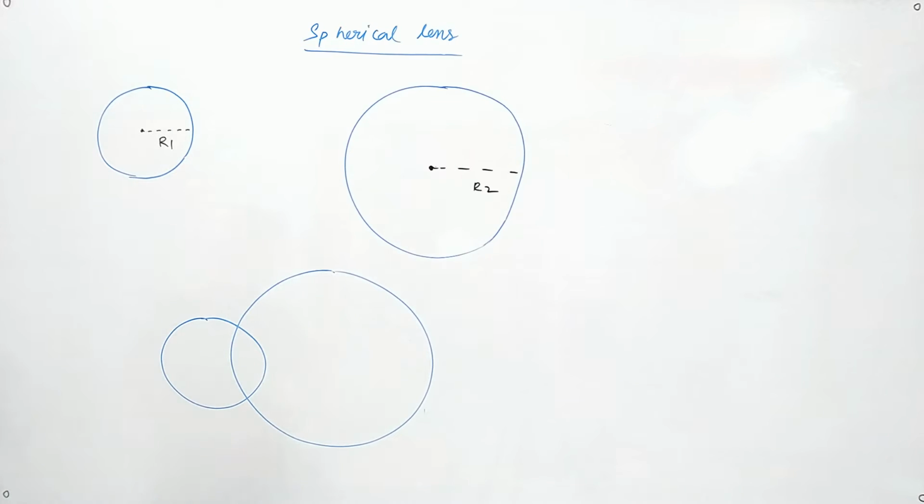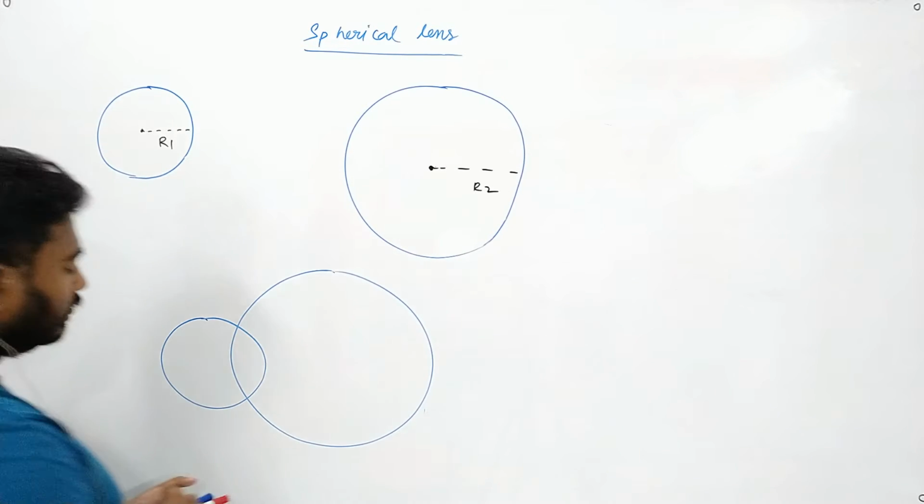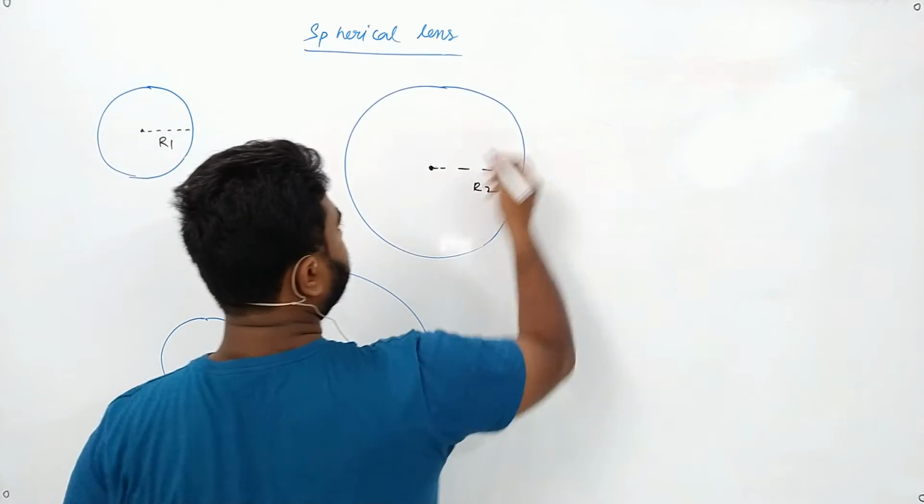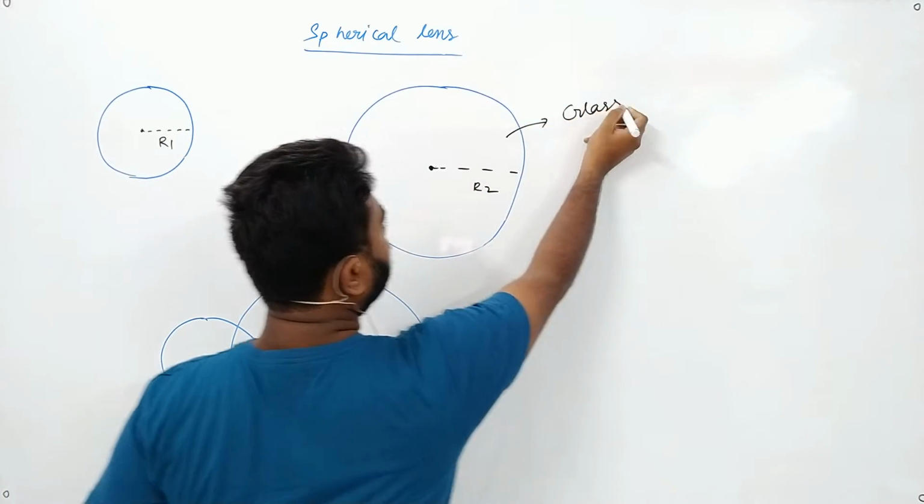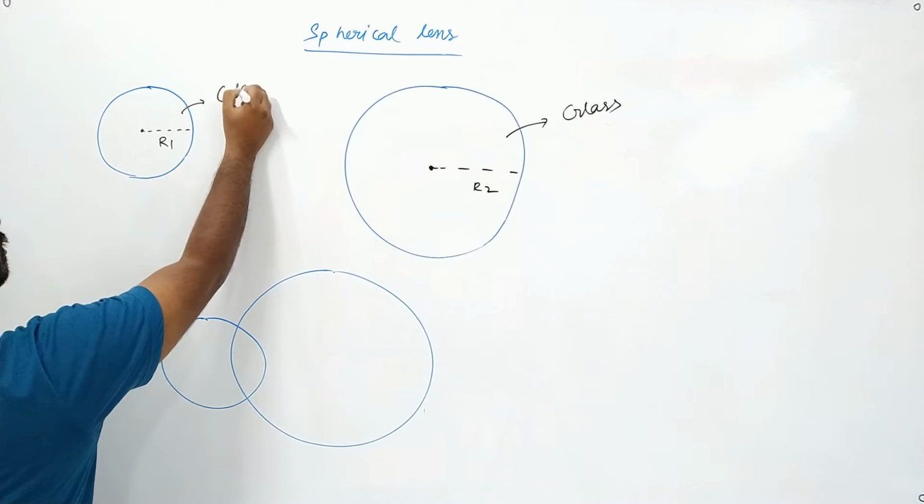Now suppose this sphere is made up of glass, and this one is also made up of glass.